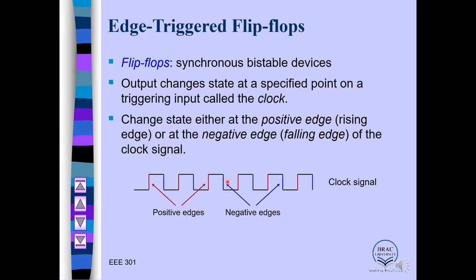But if you're going from high to low, this transition is called the negative edge. Whenever we have a clock, due to this positive edge or negative edge, our state will be changed in the flip-flop. So the previous problem can be solved in this flip-flop.